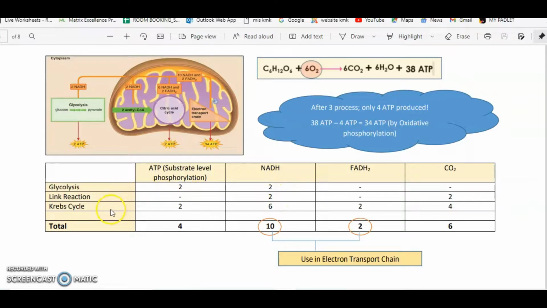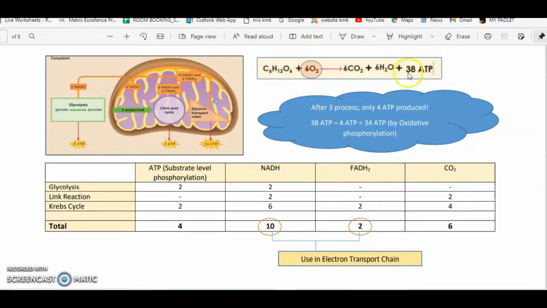For the Krebs cycle: 2 ATP, 6 NADH, and 2 FADH2. So in total, ATP produced by substrate level phosphorylation is just 4, NADH is 10, and FADH2 is 2. So here is our equation.